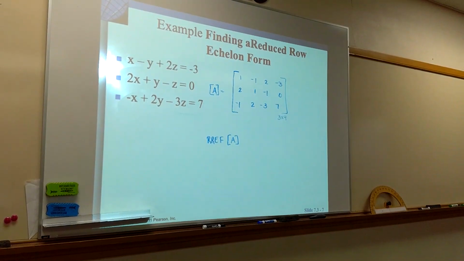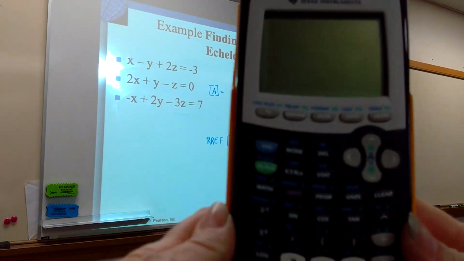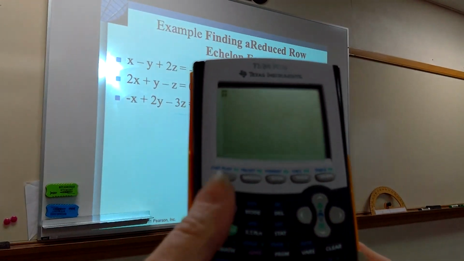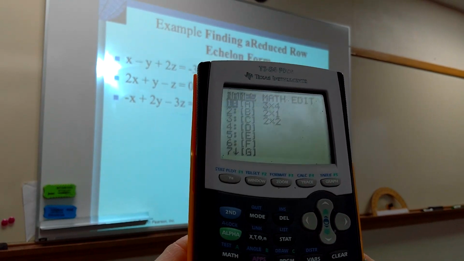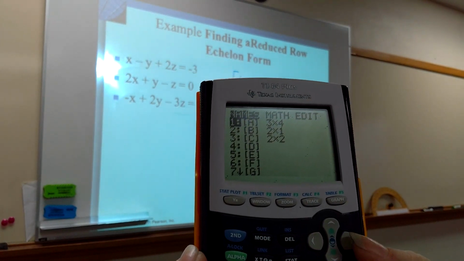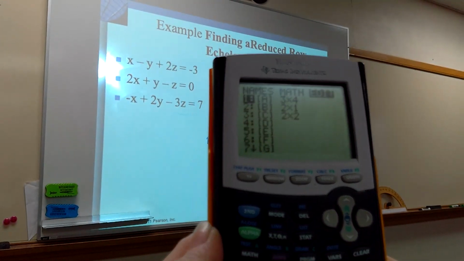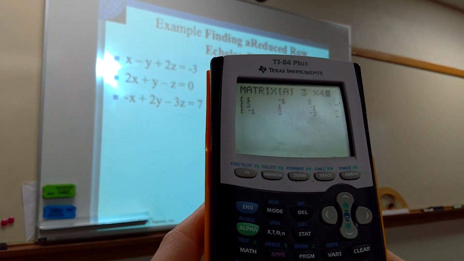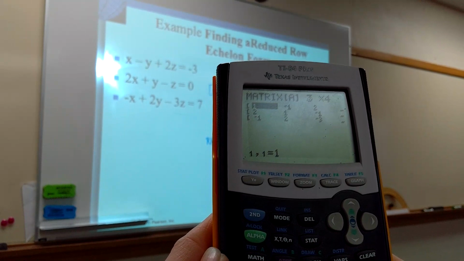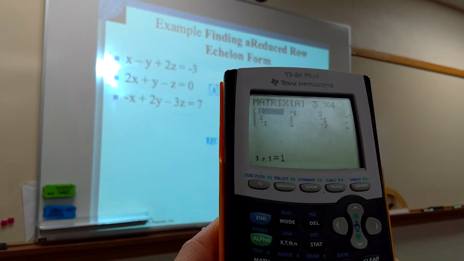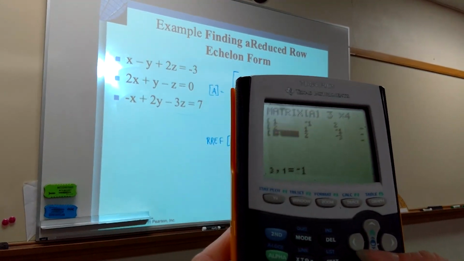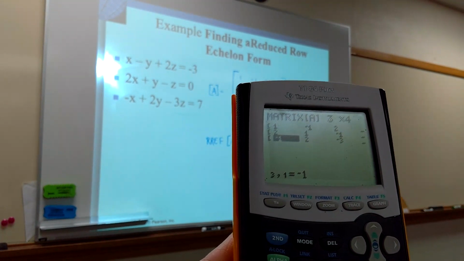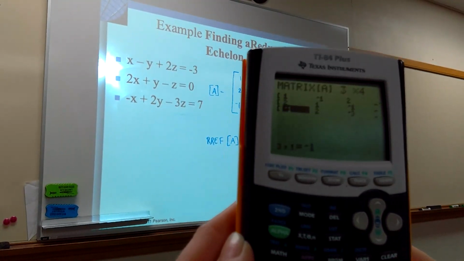All right, second matrix. And again, I'm going to edit. First off, I'm going to edit a 3 by 4. And I've already typed it in. 1, -1, 2, -3, 2, and so on. So it's all in there, as you would do as well.